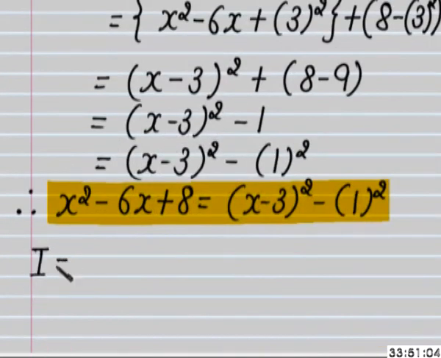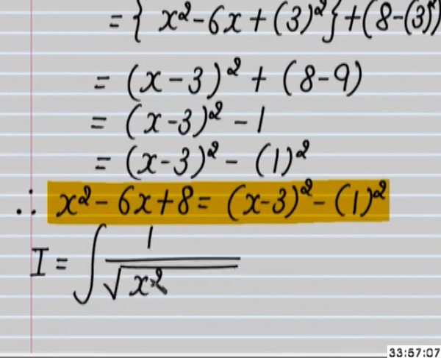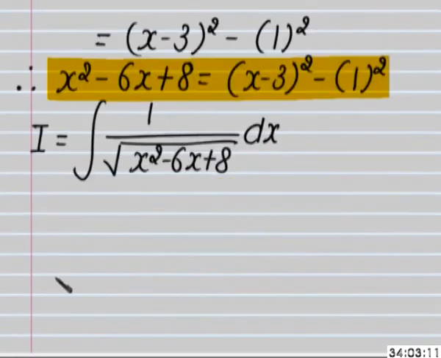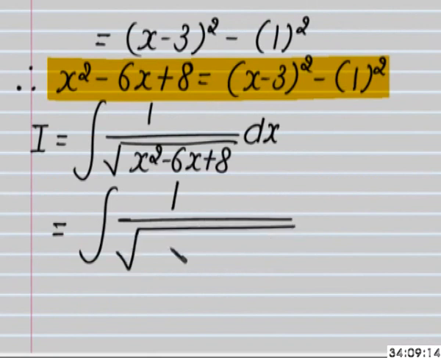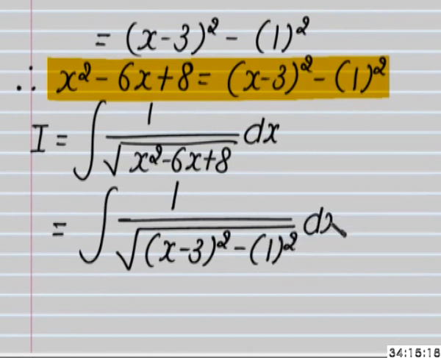Therefore I, that is equal to integral of 1 upon square root of x square minus 6x plus 8 with respect to x, will be equal to integral of 1 upon square root of x minus 3 whole square minus 1 square with respect to x.